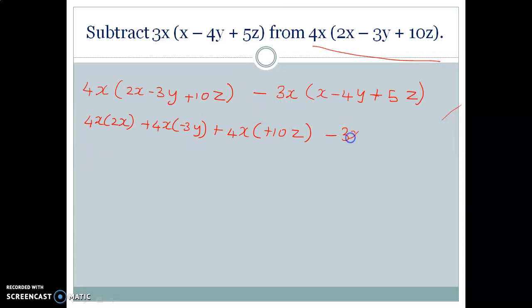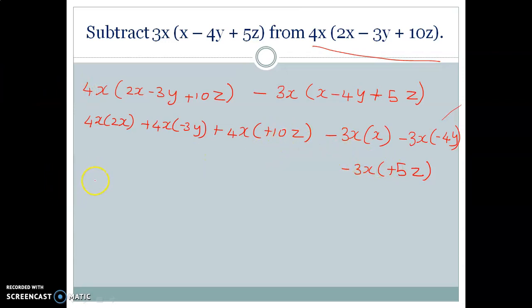Minus 3x into x. Will you write plus 3x now? No. Be careful. Minus 3x into minus 4y. Again minus 3x into plus 5z. Is it clear now? Here we had plus 4x. Here we have minus 3x.